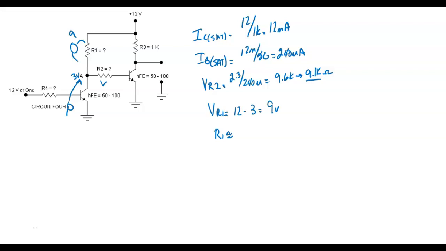So to get the actual saturated base current, I would have to recalculate that, but this is okay. It's going to be close enough anyway. So that's good. 9 divided by 240 micro would be a what? That's a standard value? It is.